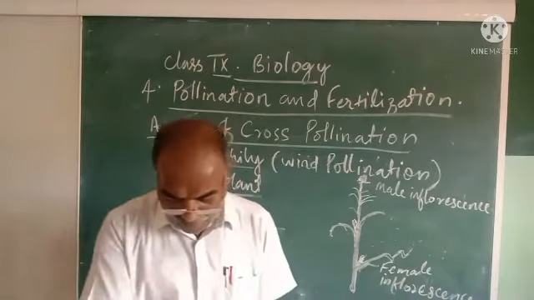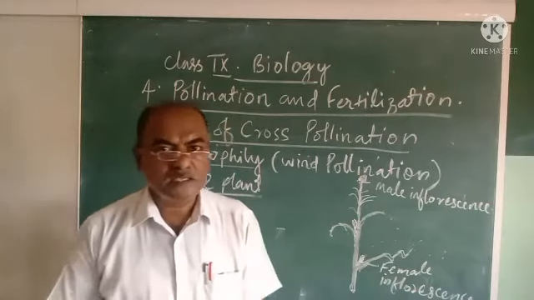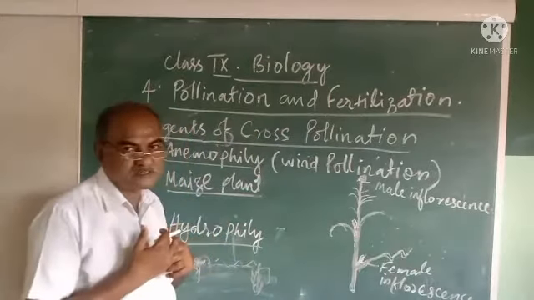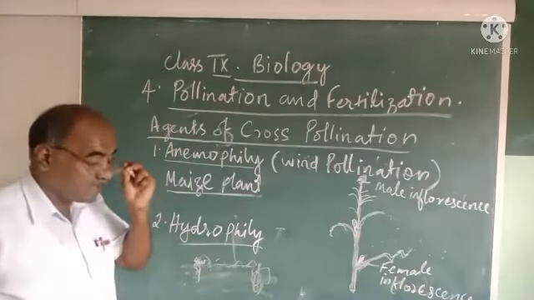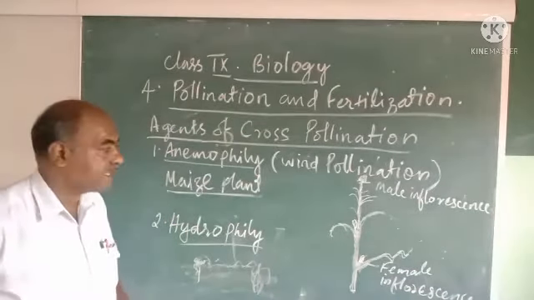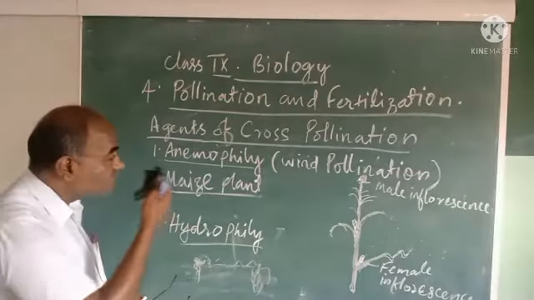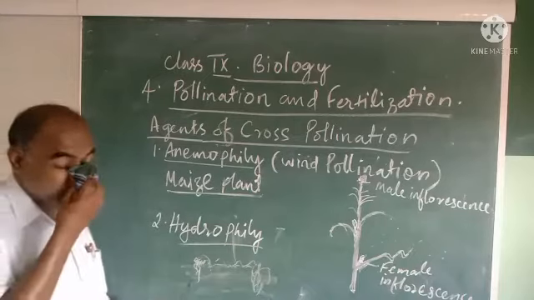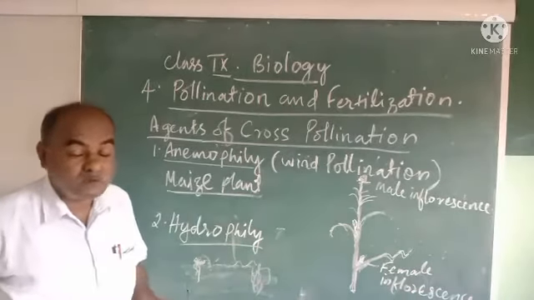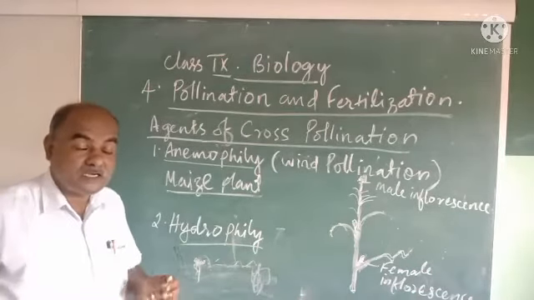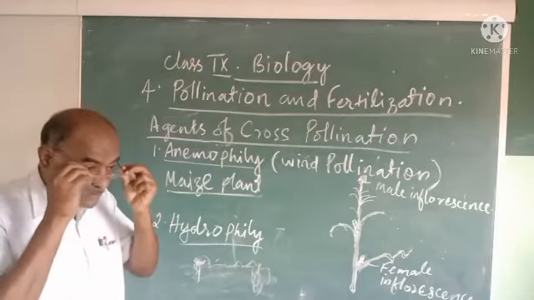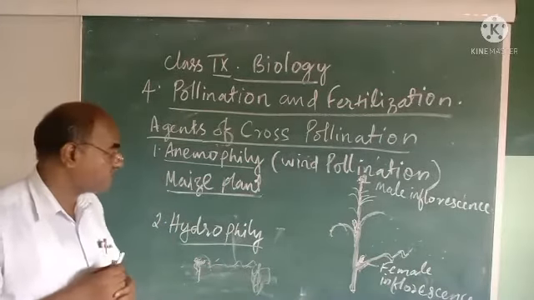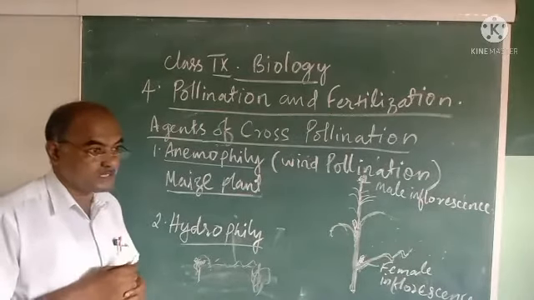Then another one, zoophily, which is through the agency of various animals. What is anemophily? That is wind pollination. Zoophily means the agents involved are animals. Different types of animals are involved as agents. Understand? That process is called zoophily.